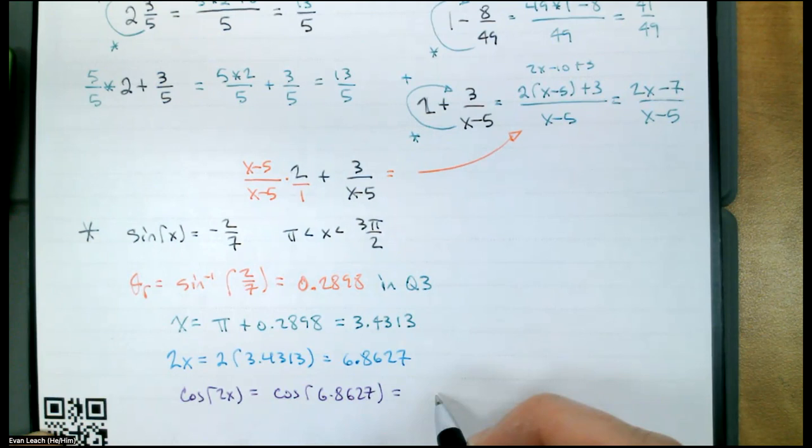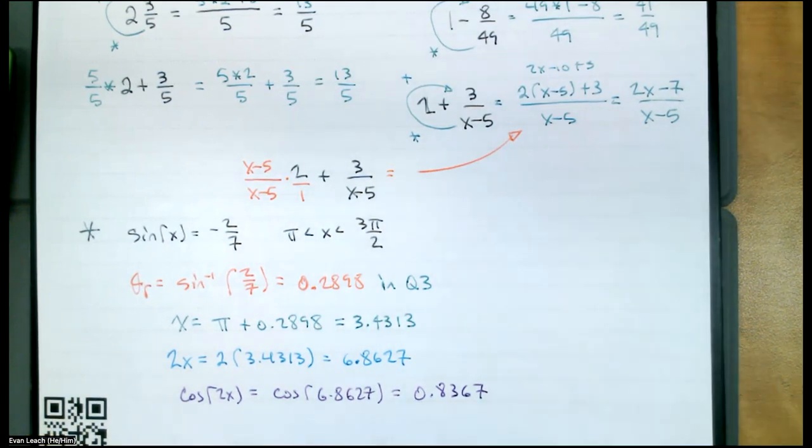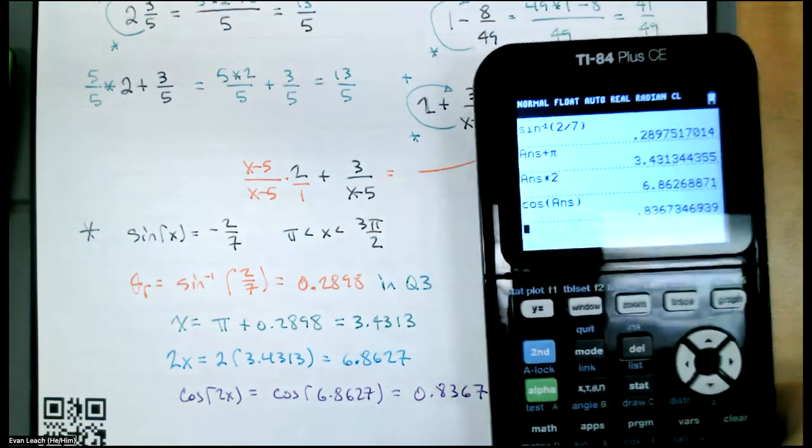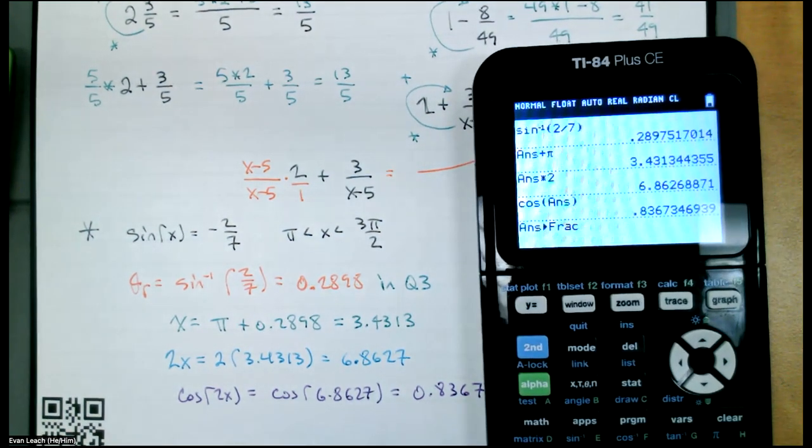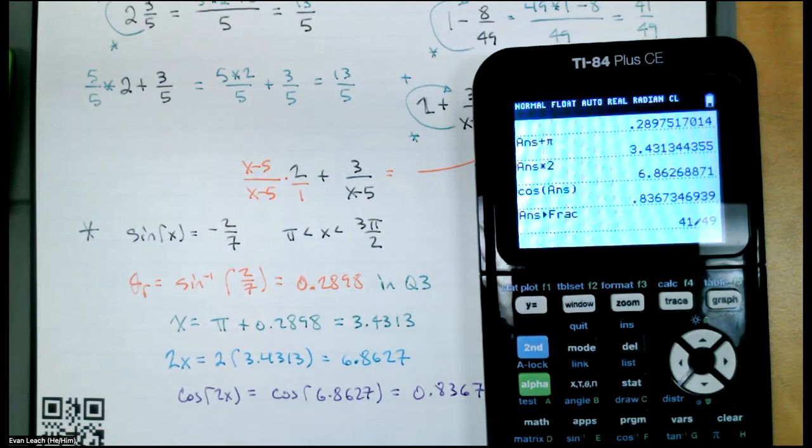It's been rounded off. That's okay. I kept all the digits on my calculator. 0.8367. I doubt that it still has all the digits. It still has enough digits to read that this is 41 over 49.